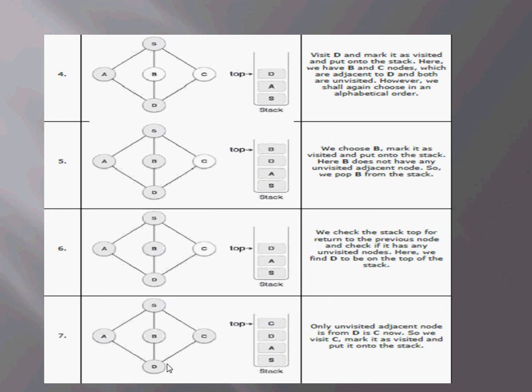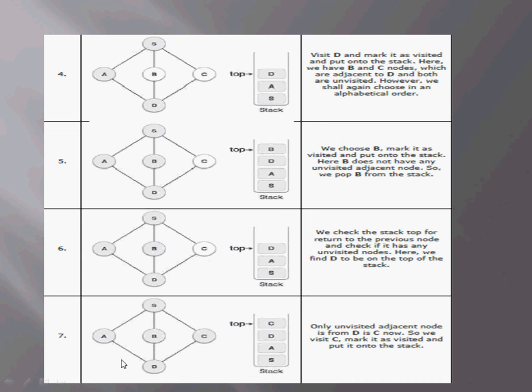Next, from D we visit B. Then C and D are unvisited, so we check B. We insert B into the stack, and next from D we visit C. C is not visited, so we pop B, because there are no unvisited edges for the vertices of D. So we pop it out and insert C.